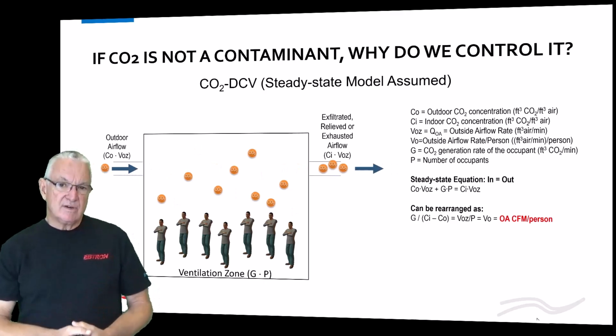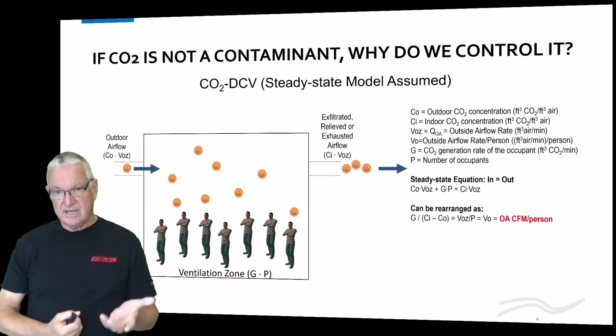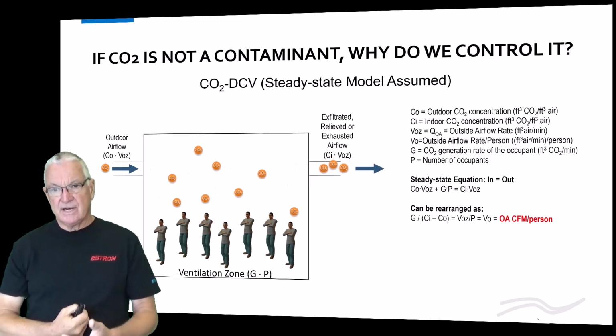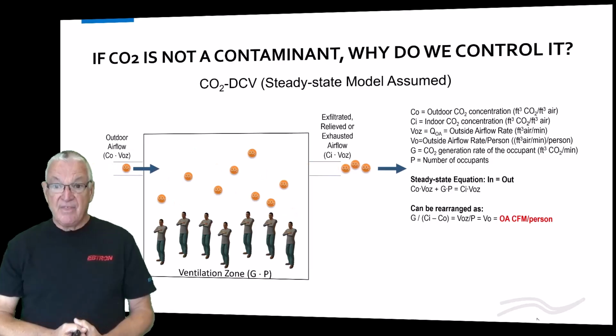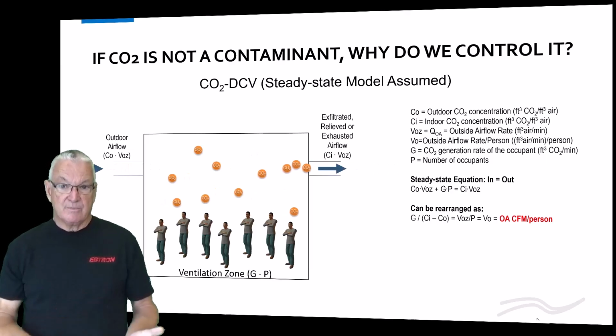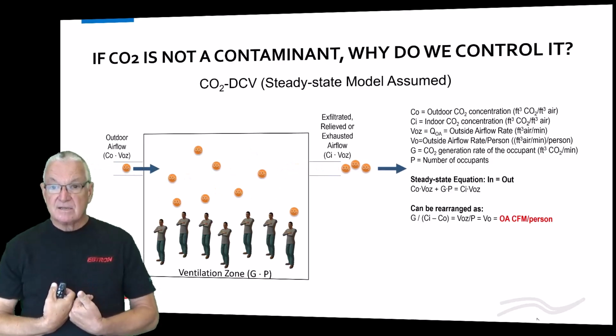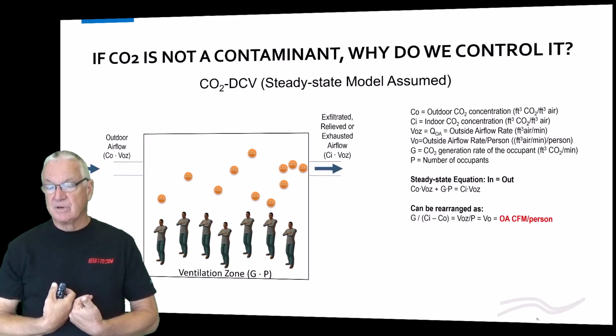If we rearrange that, we'll find that if we know the CO2 production rate and divide by the differential between the indoor and the outdoor CO2 levels, that basically gives us VOZ over P, which, at least here in the States, is outside air CFM per person.